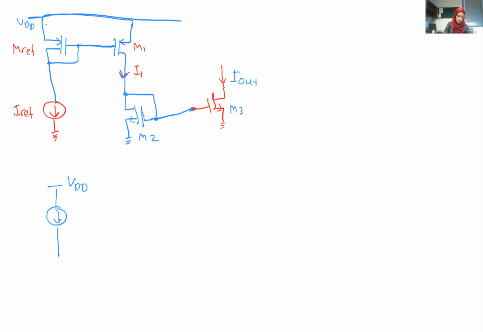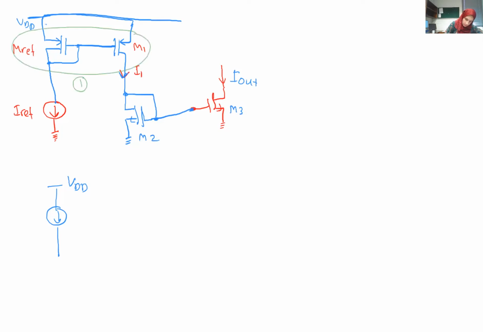Again, I have that current going down into the ground. How can I copy it from IREF into I out? What circuit in the middle do I need to make this copy? The idea is that I first use a PMOS current mirror. This is the first current mirror.